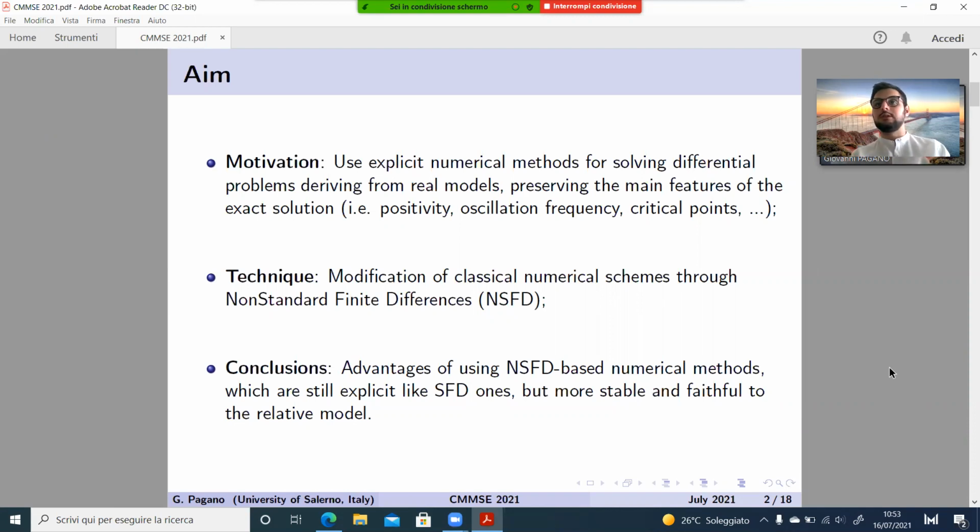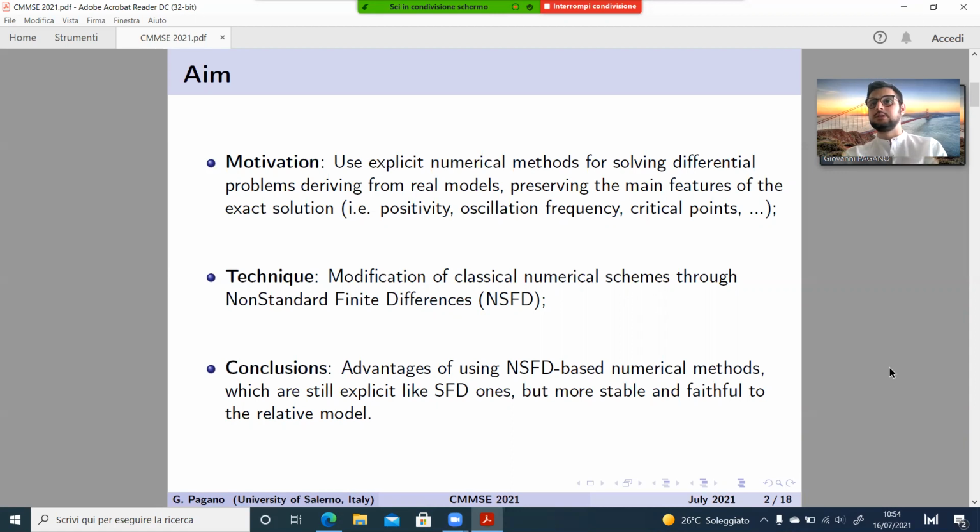We want these properties to be preserved by the numerical solution provided by our non-standard scheme. Non-standard schemes are still explicit, but they are more stable, as we will see, and they follow these properties. So they are very powerful.